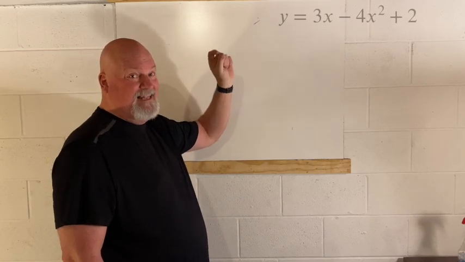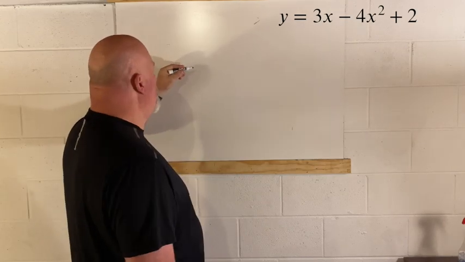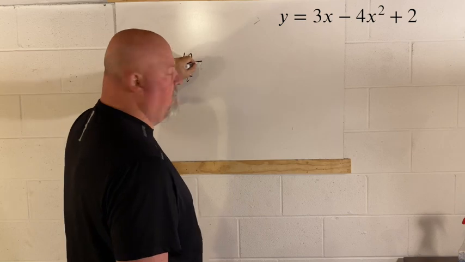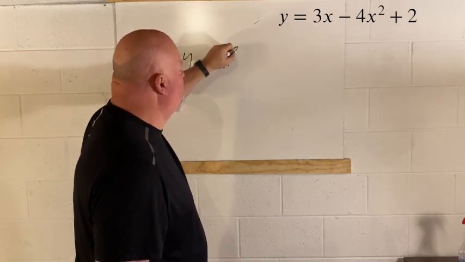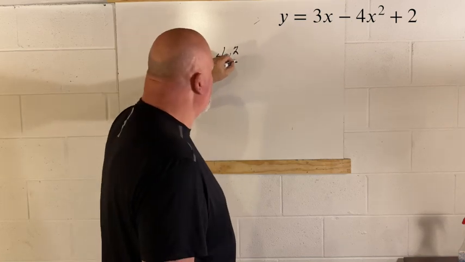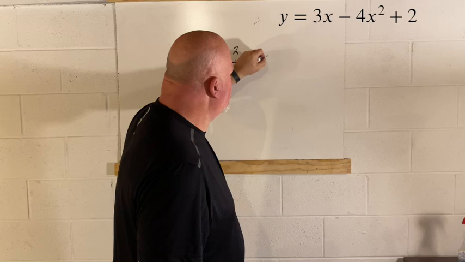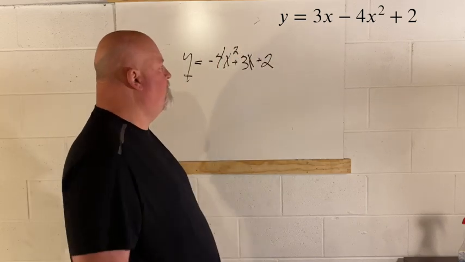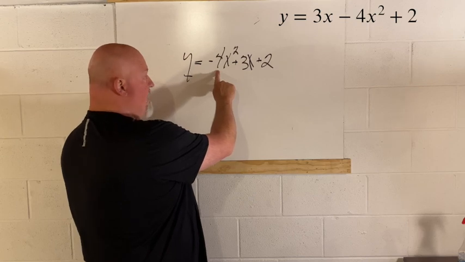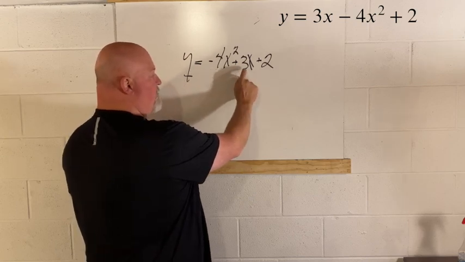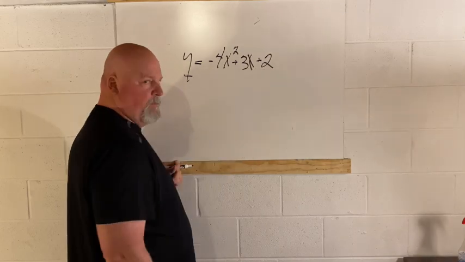So y equals negative 4x squared plus 3x plus 2. Again, quadratic term, so negative 4 is my A. Linear term, so 3 is my B, and my constant is 2.